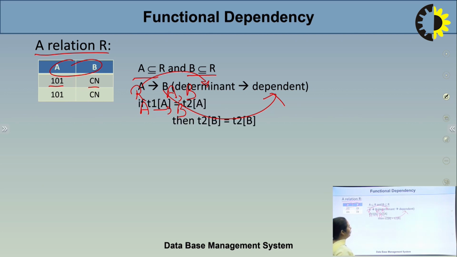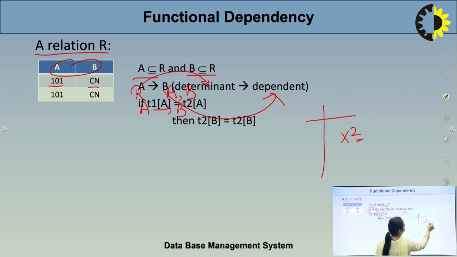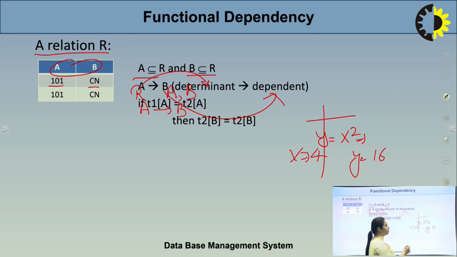Next, let's have an example. Suppose I have a square function, and I put in the value x equal to 4, where y equals x square. On putting x equal to 4, I will get y equal to 16. Is it possible that I again put x equal to 4 and now get y equal to 18? Is it ever possible that on the same value of x, I get a different value of y for the same function?